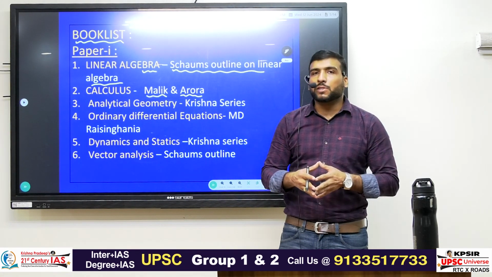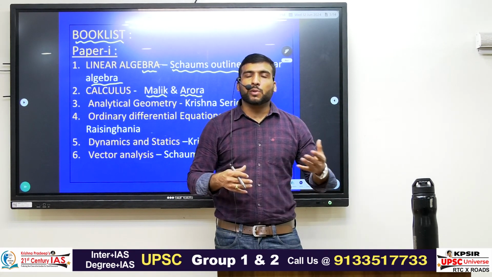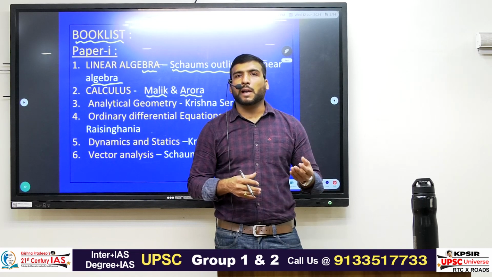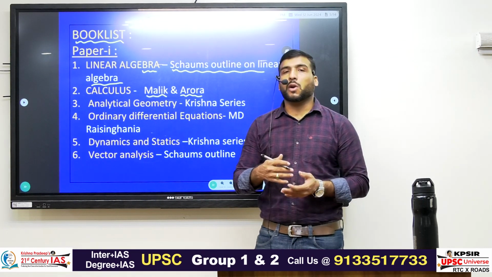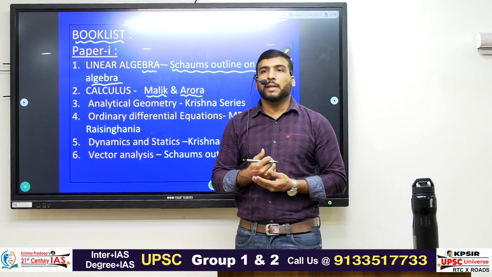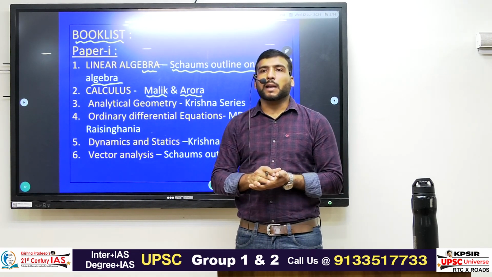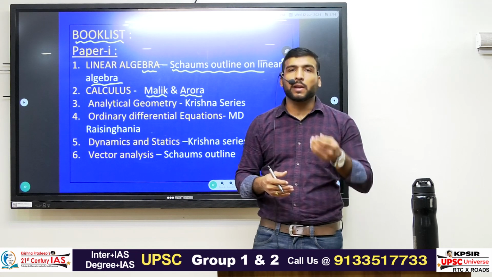After completion of the entire syllabus, go through the previous year papers, and if you find any topic or question that is not covered, then you have to go for the book list. Apart from that, class notes are more than enough for our maths optional.